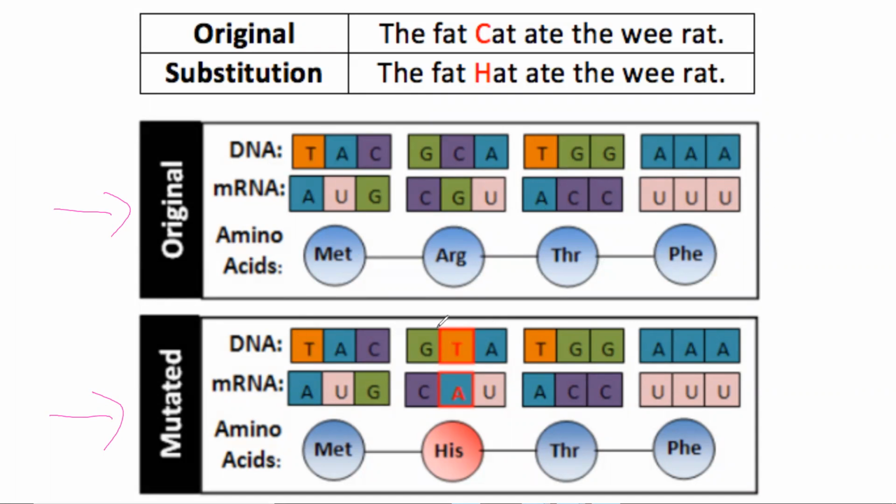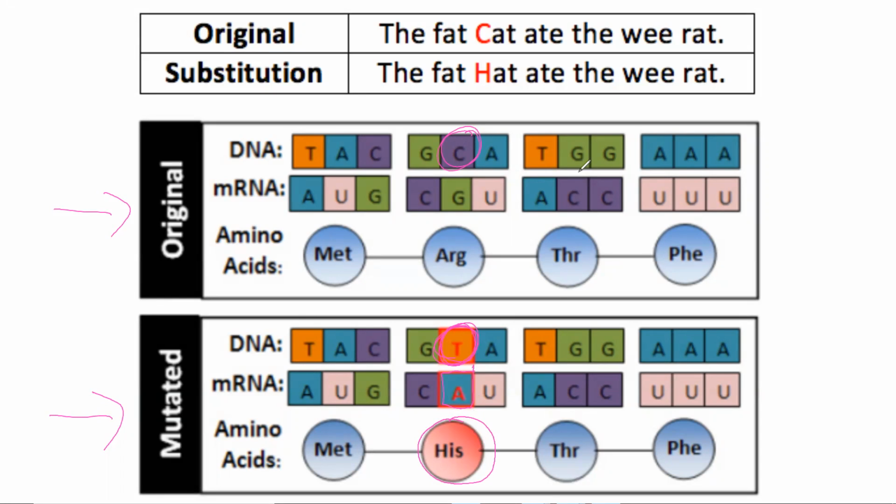But when that C here in the original strand changed to a T instead down here, now our mRNA strand is different by one letter, but that resulted in a change of amino acid. So instead of methionine arginine threonine, it now reads methionine histidine threonine.